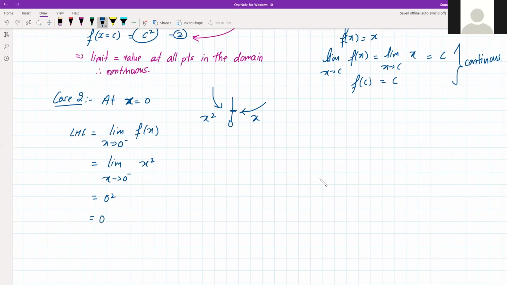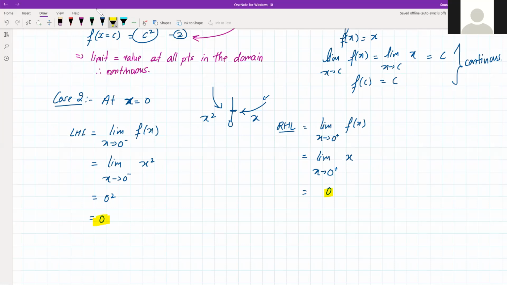In the same way you find the right hand limit. The right hand limit will be limit x tends to 0 from the positive side of f(x). What is f(x) on the right hand side? It is x. So the limit of x will be equal to 0.